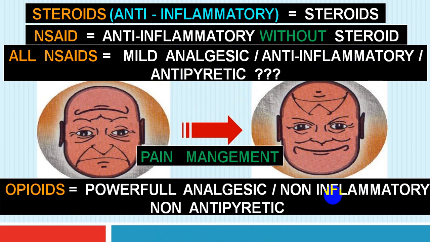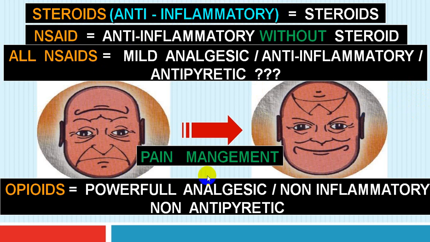Opioids. This is a fourth group. Steroid, non-steroidal anti-inflammatory drugs. We have got antipyretics, and this will be the fourth group we call as opioids. Opioids are the most powerful analgesic. They are much more powerful than NSAID, and very powerful as compared to even steroid, because steroid will be acting via anti-inflammatory effect and may be a mild analgesic, not a powerful analgesic.